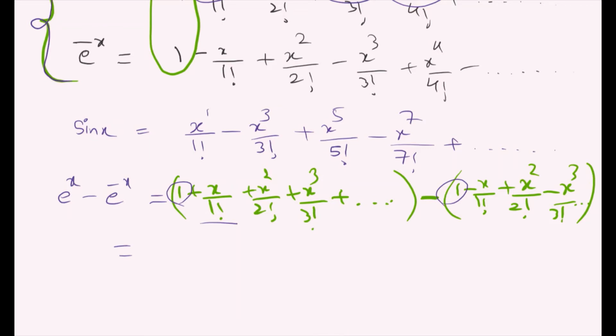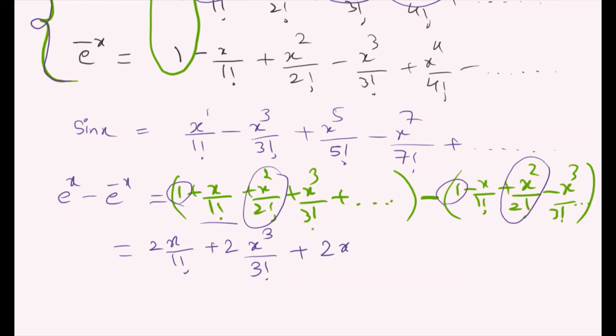Subtracting these two, 1 minus 1 gets 0, x by 1 factorial minus of minus plus gives 2 into x by 1 factorial, x square by 2 factorial gets cancelled, and we get 2 into x cube by 3 factorial plus 2 into x power 5 by 5 factorial plus so on to infinity.